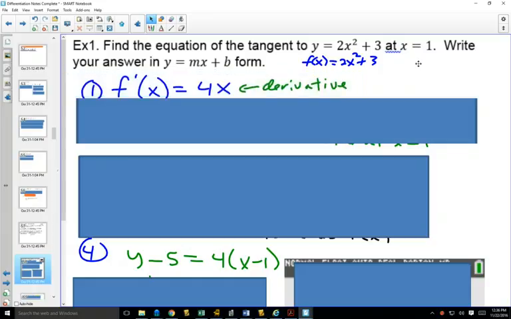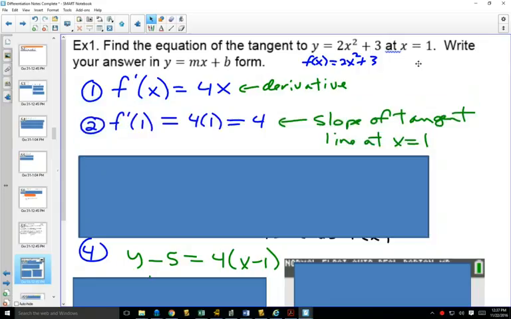So to start off, we'll find our derivative, because that derivative tells us the equation to find any slope at any point. Where are we concerned with finding it? We want to find it at x equals 1. So if we plug in 1, we know that the slope of our particular line is 4.